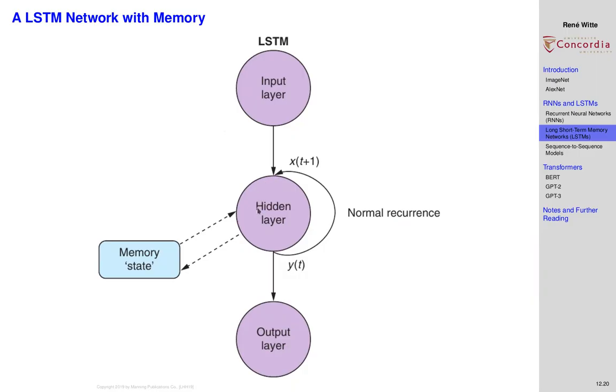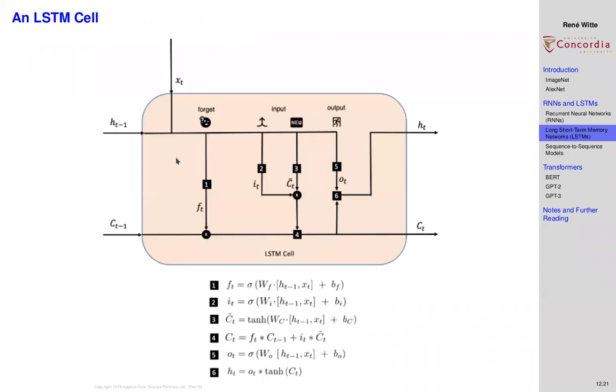But now each neuron here has an additional memory state. How the memory state works exactly and how it's trained is a bit more complicated. You can look at some of the online references I linked to see how this works, but here we'll just treat it as a black box essentially and use it in a network that we're going to train.